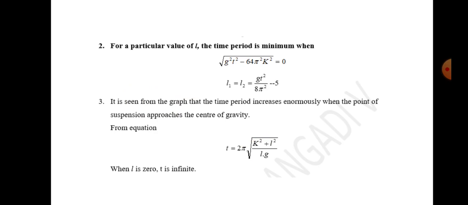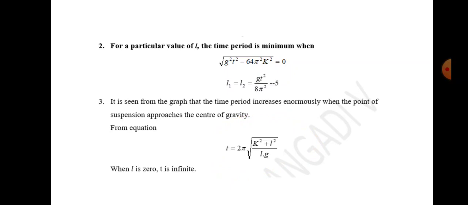It has been seen from the graph that the time period increases enormously when the point of suspension approaches the center of gravity. As we already know, the standard formula for the time period of a compound pendulum or bar pendulum is T is equal to 2 pi into square root of k square plus L square divided by L into g.